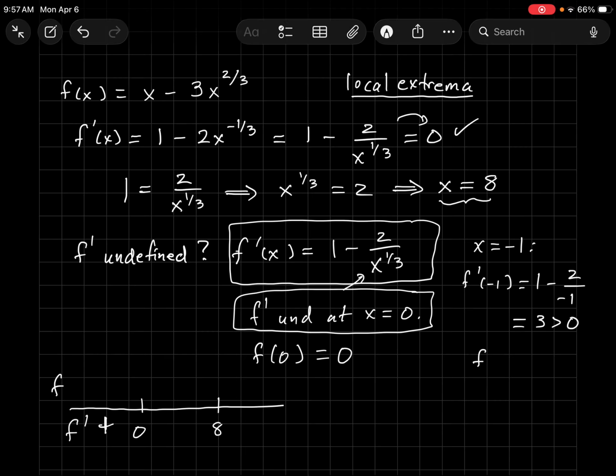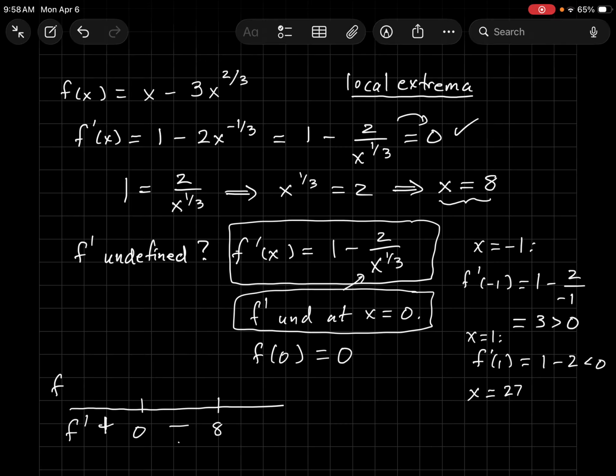At x equals 1, that is any value between 0 and 8, I get f prime of 1 is 1 minus 2, which is negative. And then some value bigger than 8, let's say, let's do x equals 27.